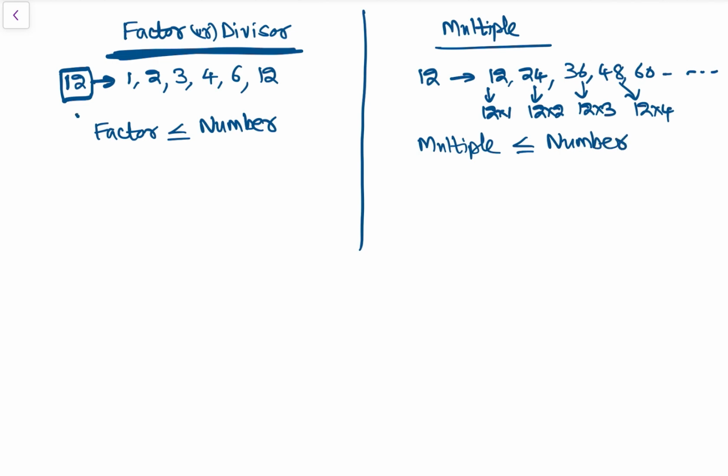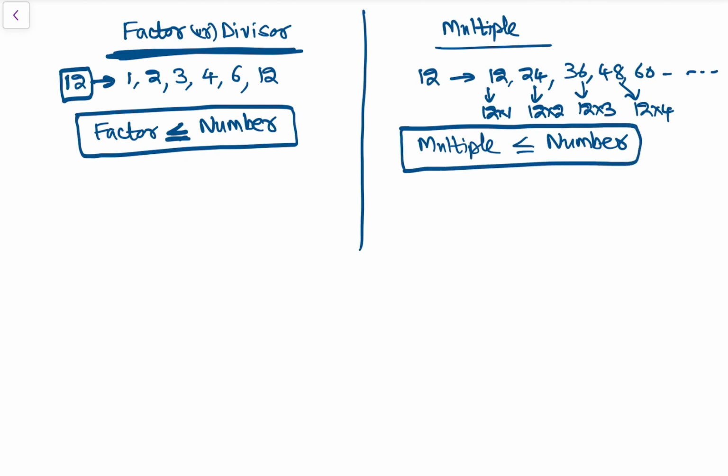So ये पता चल गया. Factors of any number, like factors of 35, हमेशा factors will be less than or equal to the number, and multiples are always greater than or equal to the number. Okay, so that's the difference we need to know.